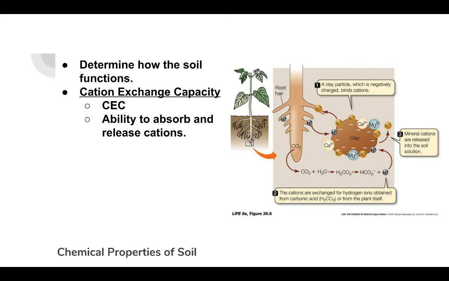It's important to note that clay has the largest influence. Clay is able to attract positively charged mineral ions, as we can see in the picture. As a result, those positively charged ions, like potassium and calcium, things the plants need, are attracted to clay, and then the plant is able to receive them from the clay.